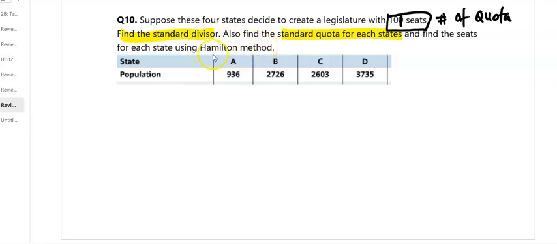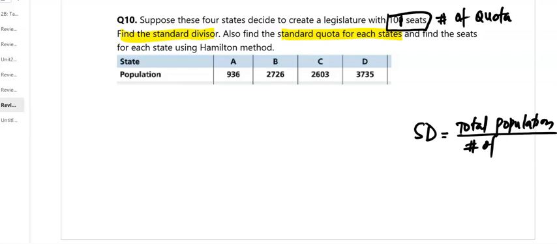To do the Hamilton method, we first have to find the standard divisor. The formula: SD, the standard divisor, is the total population divided by the number of quota, also called number of seats, here 101. If you add all the populations, you get a total population of 10,000.